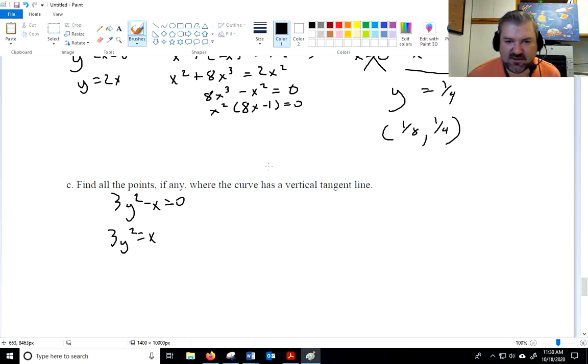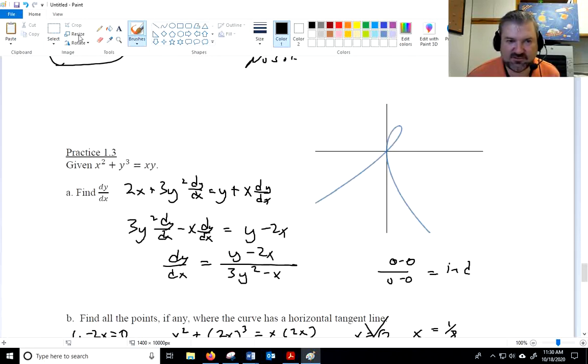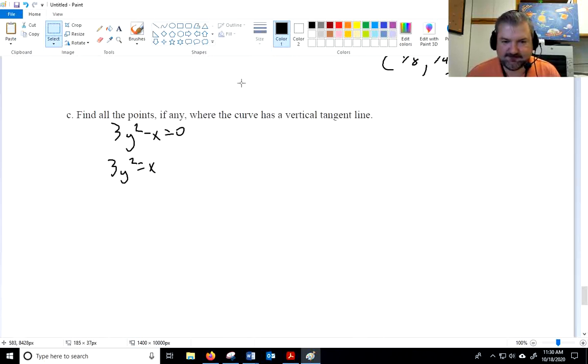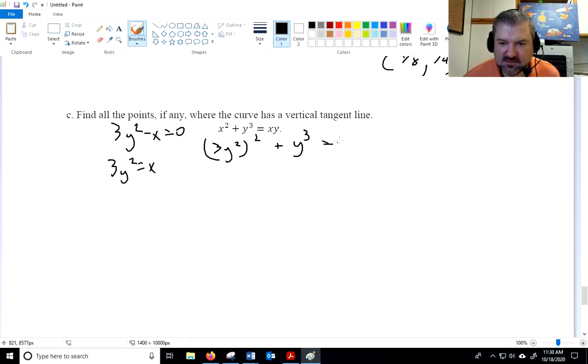All right, so now let's plug that back into the original equation. So let me just copy that right quick. Okay, so I'm going to replace x with 3y squared. So I have 3y squared plus y cubed equals 3y squared times y. So this becomes 9y to the 4th plus y cubed equals 3y cubed.